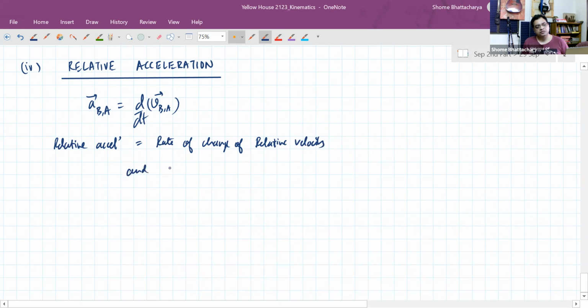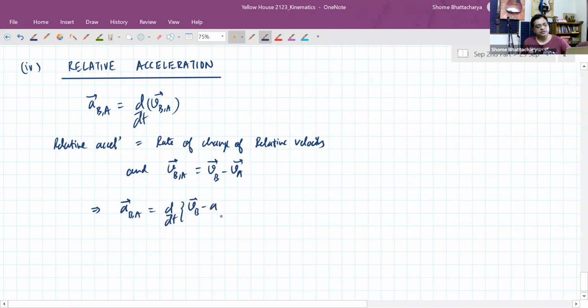And obviously we have seen that relative velocity is the difference of the absolute velocities or the ground frame velocities. So accordingly, the relative acceleration can be expressed as the rate of change of VB minus VA.